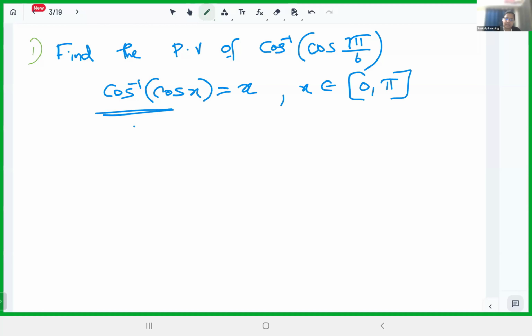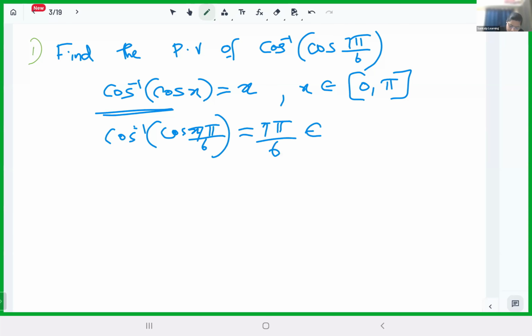So here if you have to apply that property, we know that 7 pi by 6 should belong to that interval. If you want to write cos inverse of cos 7 pi by 6 is equal to 7 pi by 6, then this 7 pi by 6 should belong to this interval, right? So let's check whether it belongs to that interval. 7 pi by 6 means 7 into 180 by 6, right? That is 7 into 30, that is equal to 210 degrees. 210 degrees doesn't belong to closed interval 0 to pi. 0 to pi means it only extends up to 180, right? Pi means 180. 210 is beyond 180.